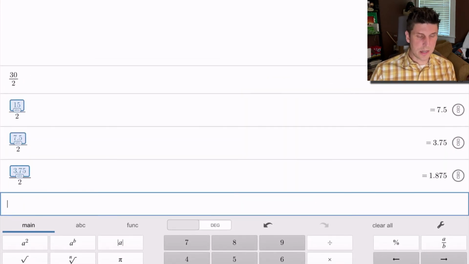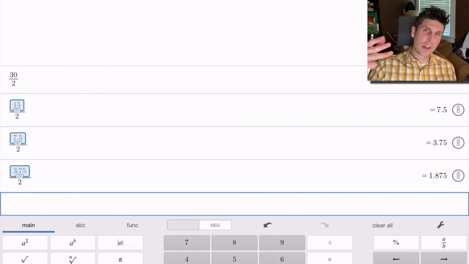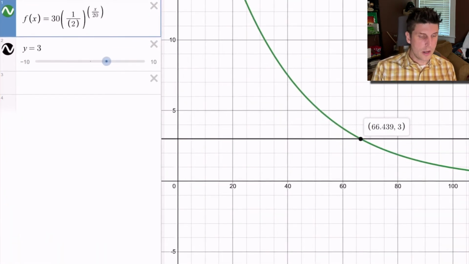If we go back to this problem here, you can see that after 1 half-life we had 15, after 2 half-lives we had 7.5, after 3 half-lives we had 3.75 grams, and after 4 half-lives we had 1.875 grams, right? So we knew that between 3 and 4 would be our solution when we would actually hit 3 exactly.